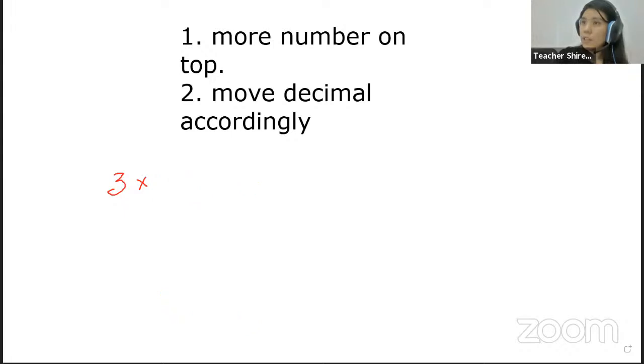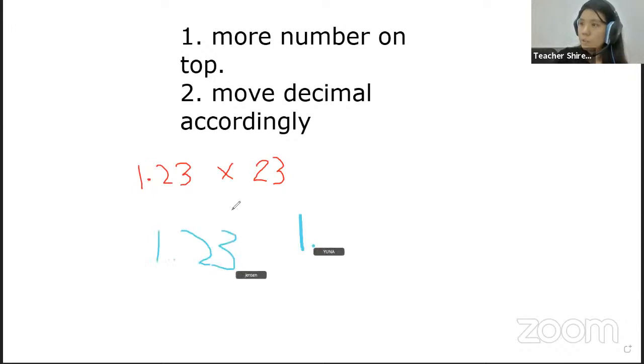Okay. Now let's say I give you a complicated number. Let's say it's 1.23 times 23. How do you write in columns?